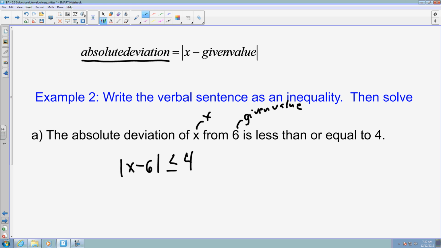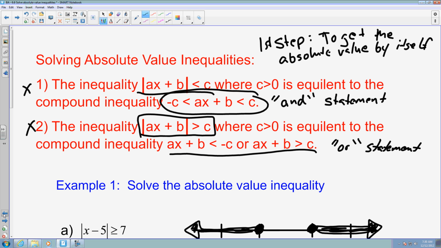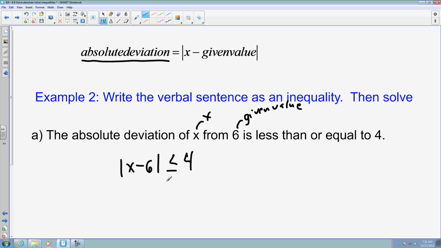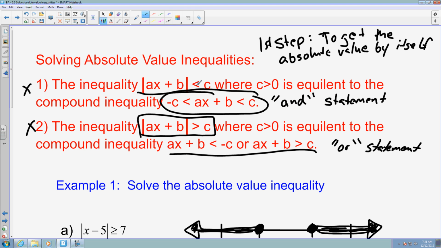Okay. And if we recall back from what we learned in these steps here, let's take a look. That is a less than or equal to, so less than or equal to gives us the AND statement.